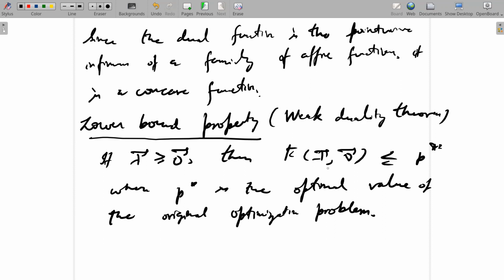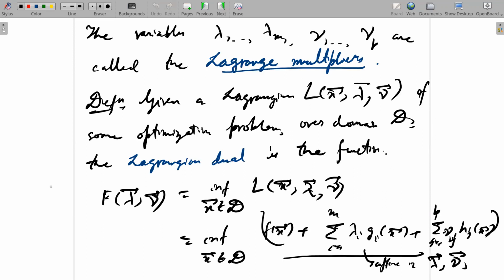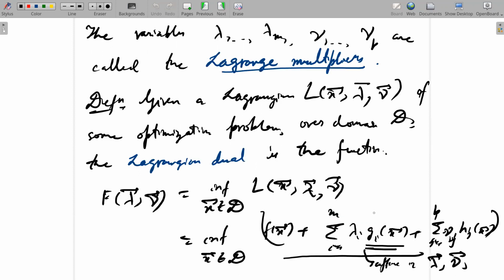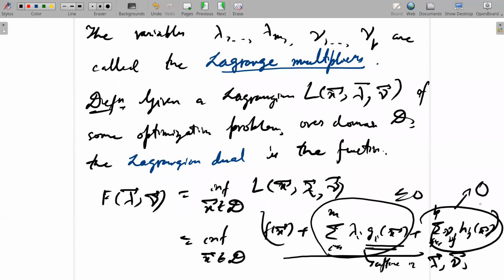And this you can clearly see. You just stare at this expression right here. What is g_i? For all feasible points, g_i is less than or equal to 0. So if I multiply by a positive number, the inequality is preserved. And h_j is equal to 0, so it doesn't matter what I multiply. So this quantity is always less than or equal to 0, and this quantity is identically equal to 0.